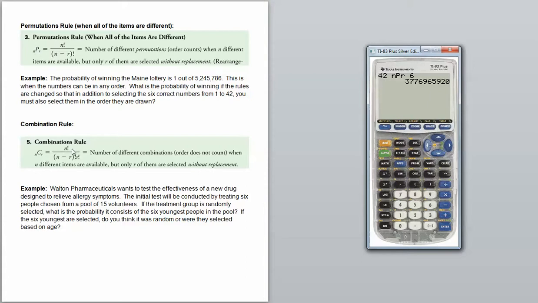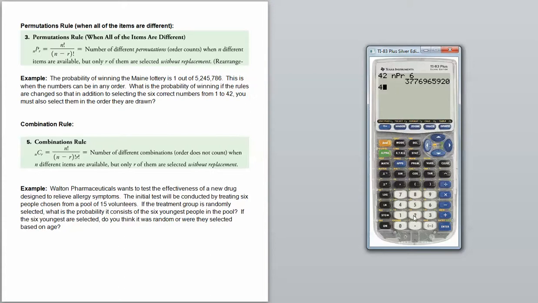Next is the combinations rule, the number of different combinations where order does not count when n different items are available, but only r of them are selected without replacement. I'll have you do this example in a minute. But if you wondered where they got this probability of winning Main of 1 out of 5,245,786, that's a combination because you can get your numbers in any order.